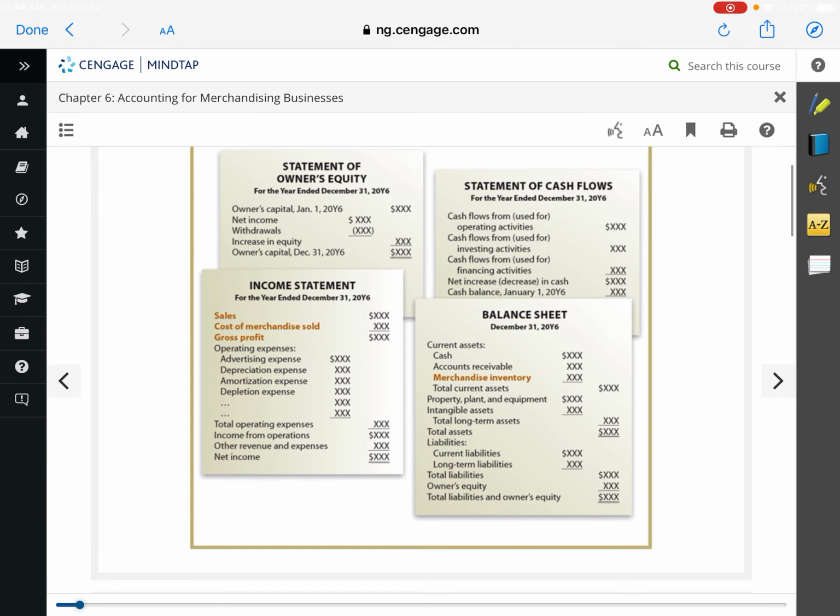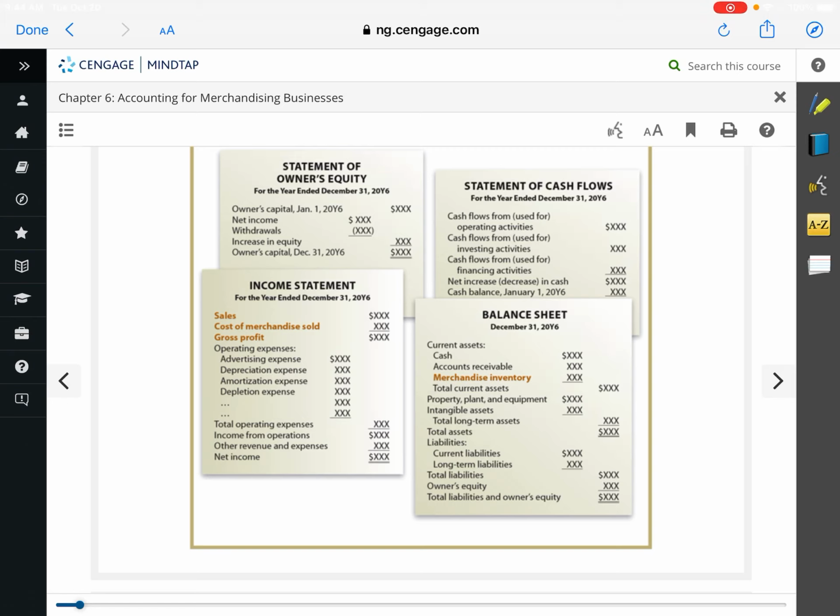Okay, so when you look at these 4 financial statements, what do you see that's different? Well, you may not be able to see it. So there's some account titles that are highlighted. And these are account titles that we haven't seen before because we've been looking at a service industry.